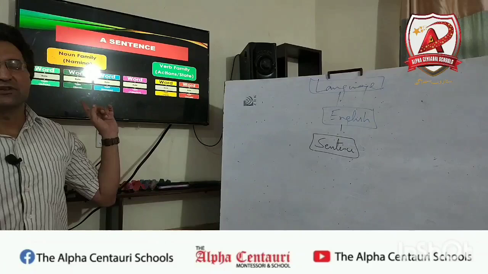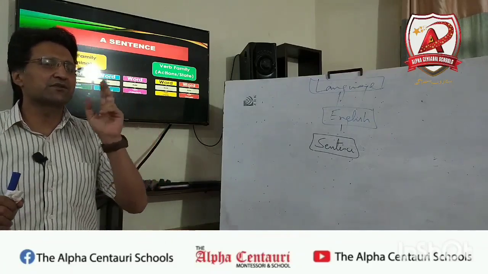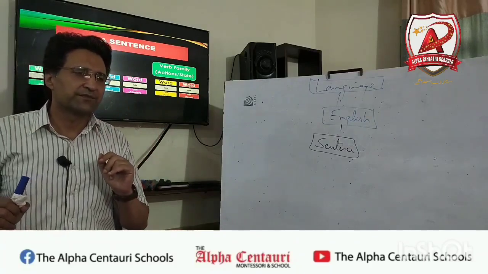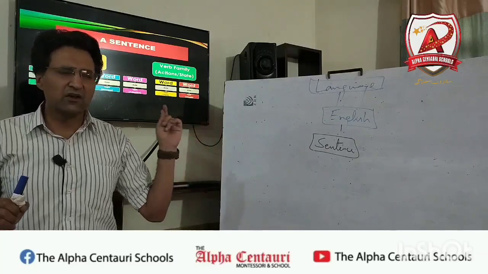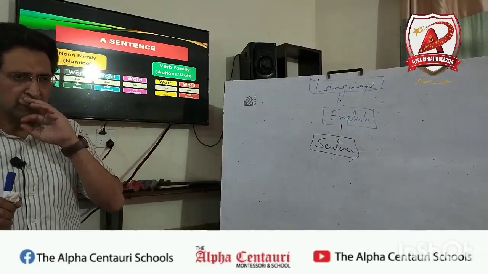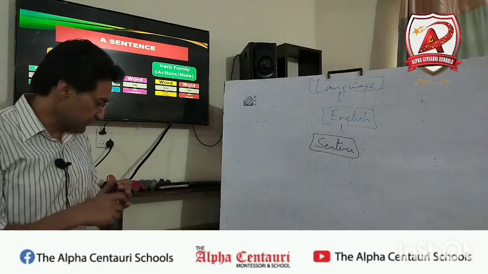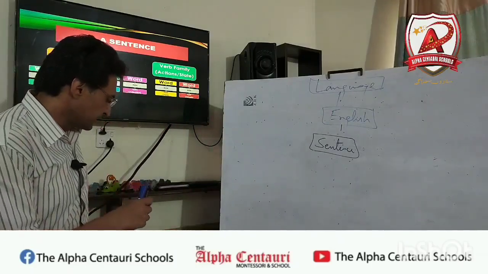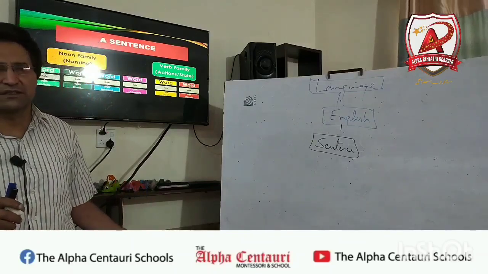In that, you can see on screen that I basically divided this sentence into two families, specifically referring to English, and in all languages it is the same. What is the first one, Ji? Noun family. And the second one is what, Ji? Verb family, Ji. For example, article, noun, pronoun, adjective.